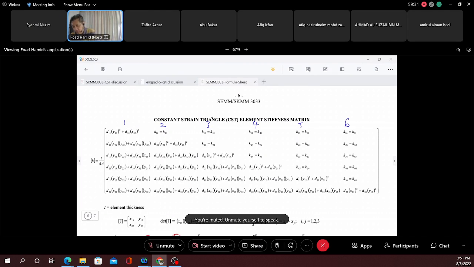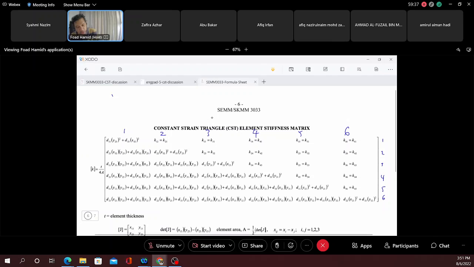Okay, 1, 2, 3, 4, 5, 6. Because for CST, we know that we have node 1. Node 1 we have Q1, Q2. Note that I'm using small letter Q here because of element level and not global level. So this is local node 1, local node 2, and local node 3.